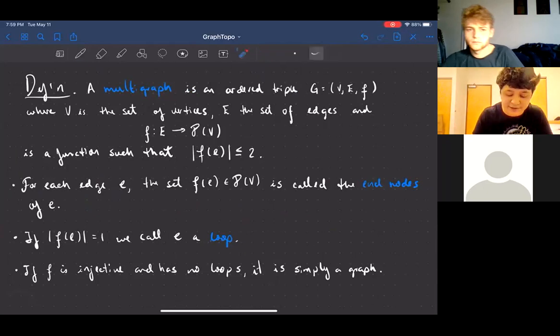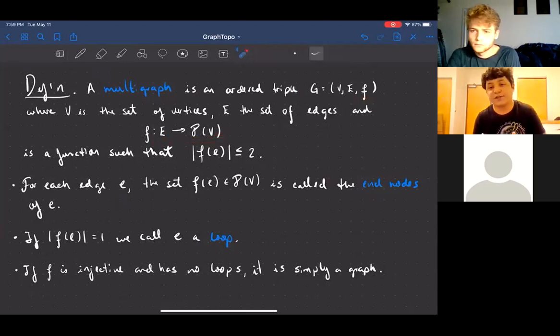A multigraph is an ordered triple, which will be formed of the set of vertices, the set of edges, and the function f, which will go from the set of edges to the power set of the set of vertices. So it will map an edge to a subset of two or fewer vertices.